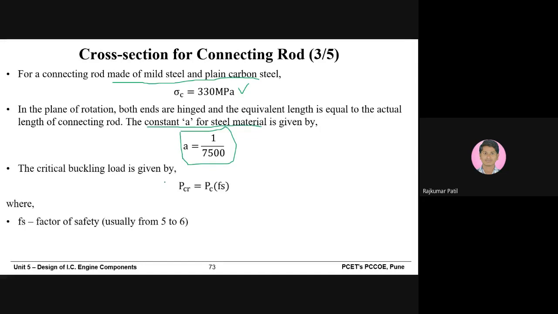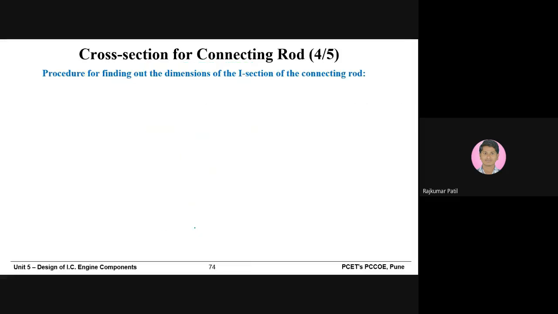Then critical buckling load can be calculated as the force acting on the connecting rod into factor of safety, and factor of safety is generally taken as 5 to 6. And why is factor of safety taken as 5 to 6? Because generally the material used is mild steel, that is a ductile material, and if ductile material is used, we generally use the factor of safety 5 to 6.